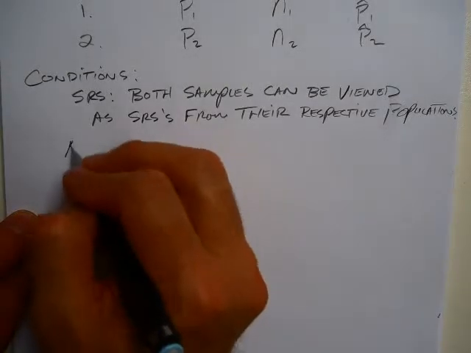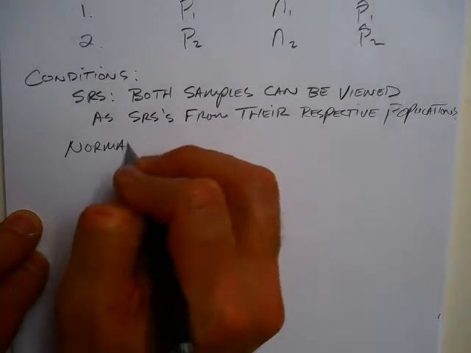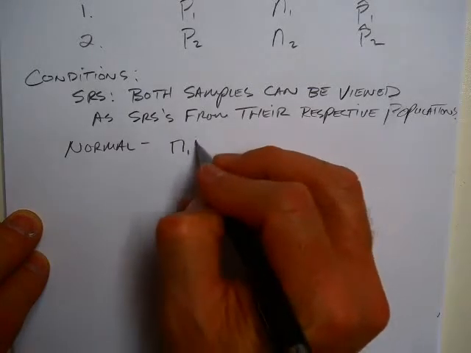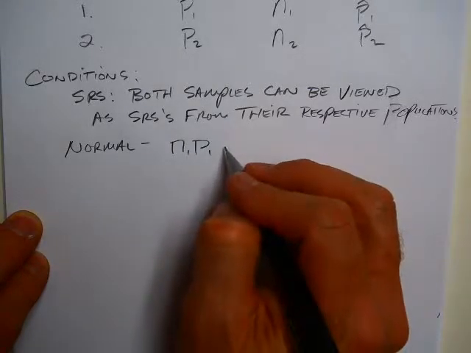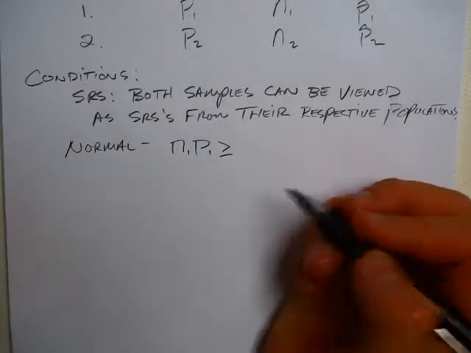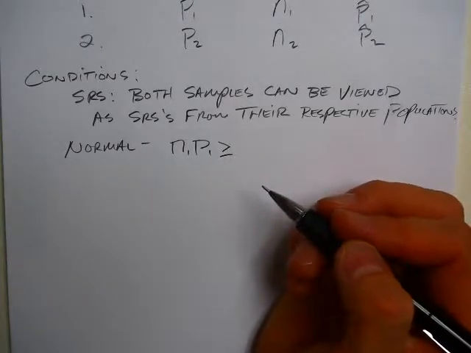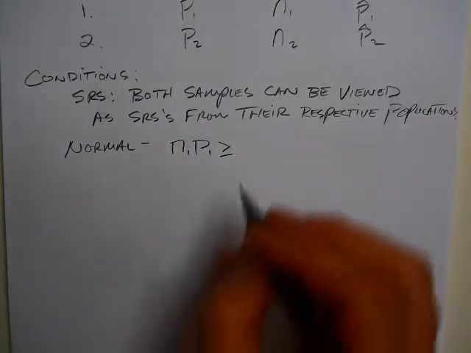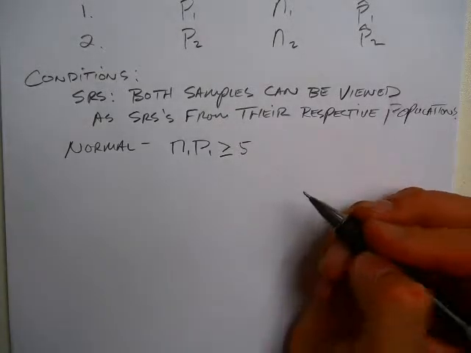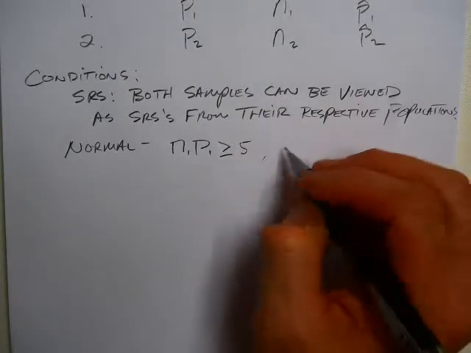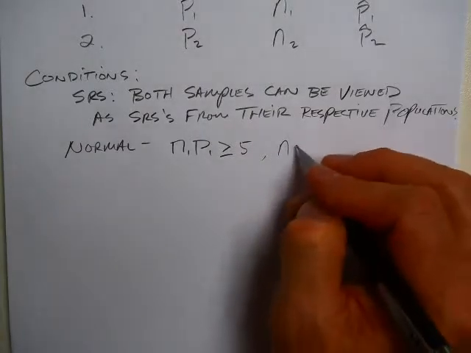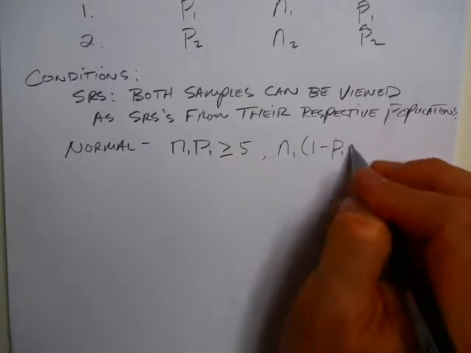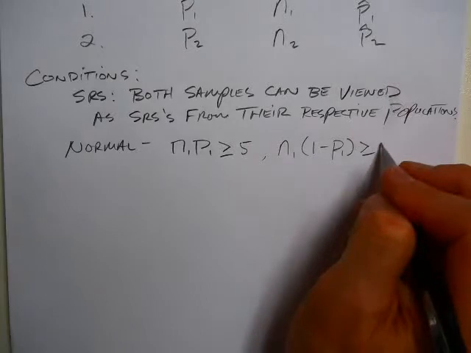Normal. N1 times P1 has to be greater than or equal to, what do you think? 10 is what it has been. This changes because we have two proportions. It's 5. I don't know that I can give you the rationale for that, but so N1 times 1 minus P1 also has to be greater than or equal to 5.